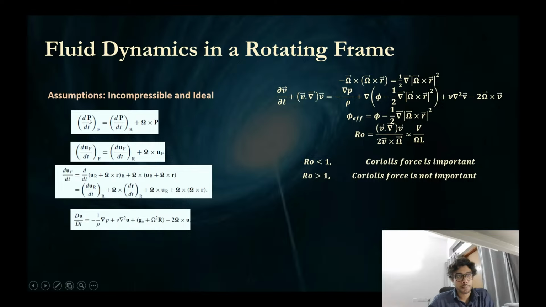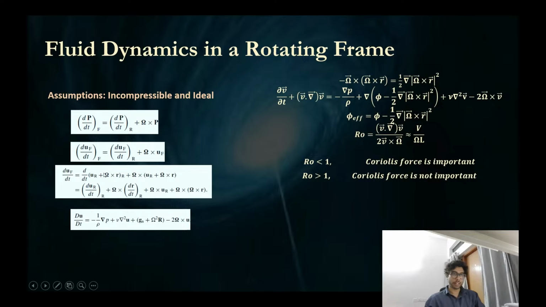So if we put uf in place of p, this is how the equation will become. And if we break it down, uf is basically ur plus omega cross r, right? So this is just the relative velocity.